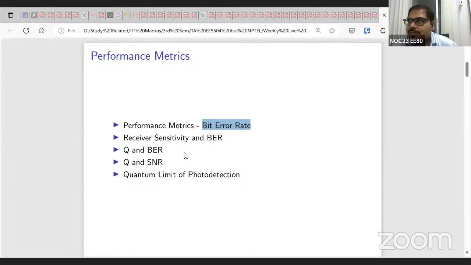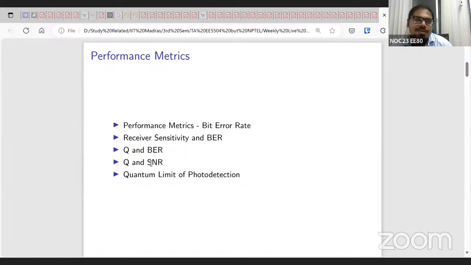Then we also define this quality factor Q, which is also defined in terms of the power levels incident on the photodetector and noise from the photodetector. A related concept, as you will see from the equations that they are very closely related, is Q and signal to noise ratio.